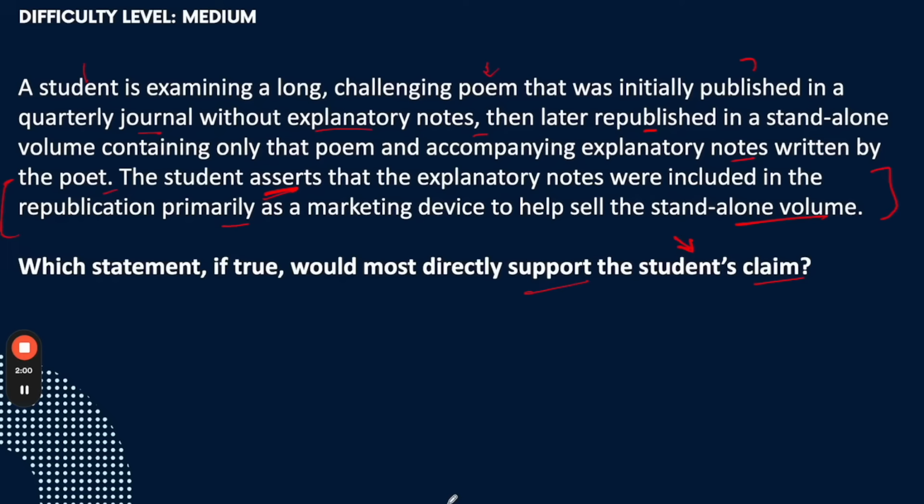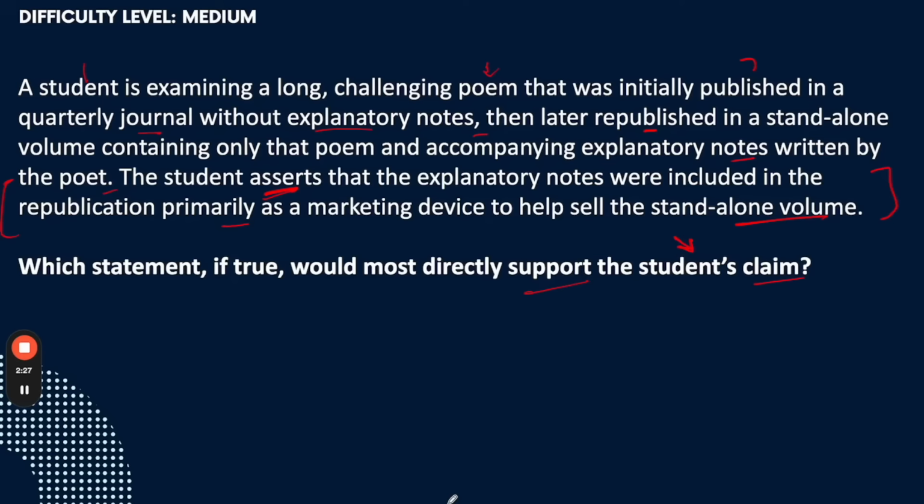The student says that the explanatory notes by the poet were added to the standalone volume as a marketing strategy so that people purchase the standalone volume, right? So the student in his claim is giving the reason for adding the explanatory notes. The reason is that they want to sell it, right? That is a marketing strategy. They want to sell it more, right?